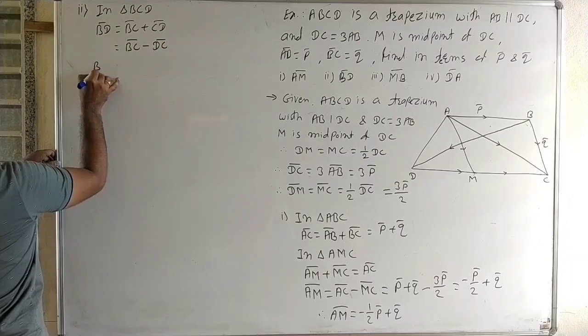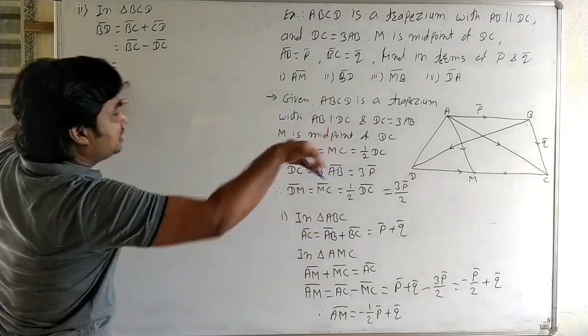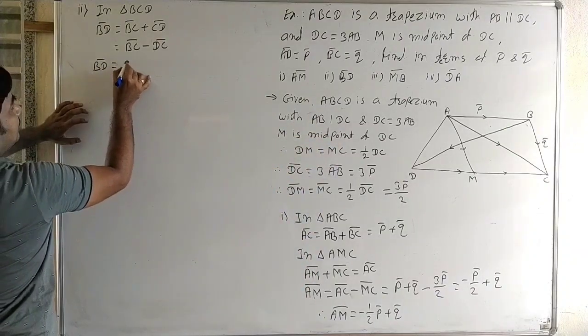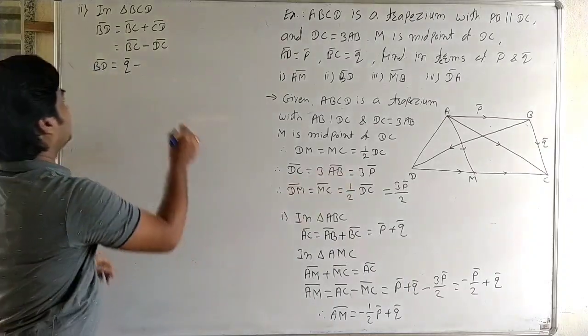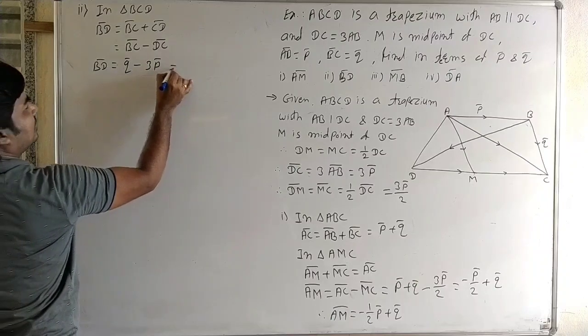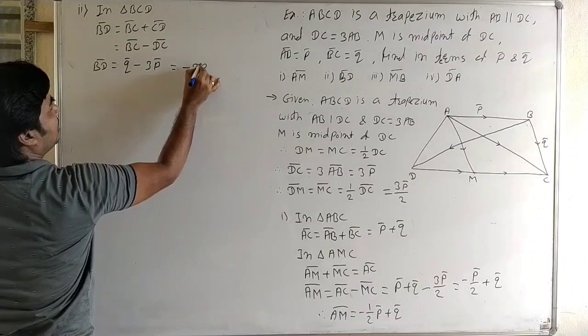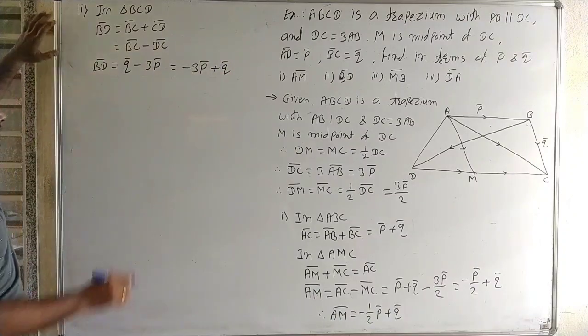Therefore vector BD is equal to BC minus DC. BC is Q bar and DC is 3P bar. That can be written as minus 3P bar plus Q bar in terms of P and Q. That is the second.